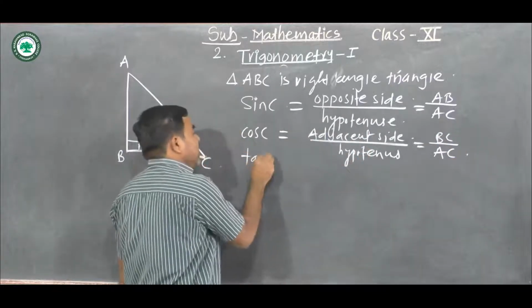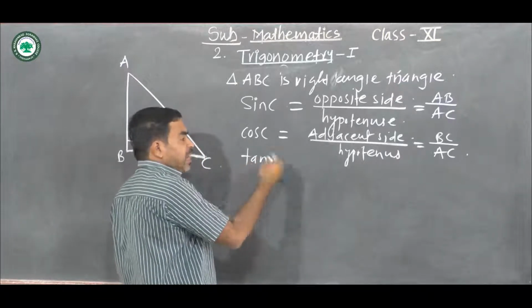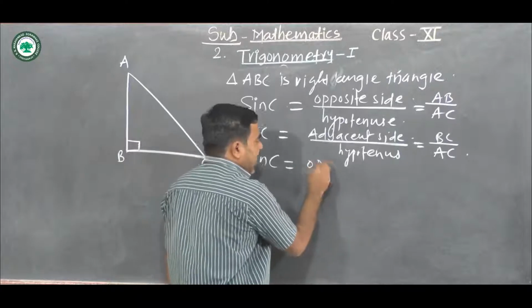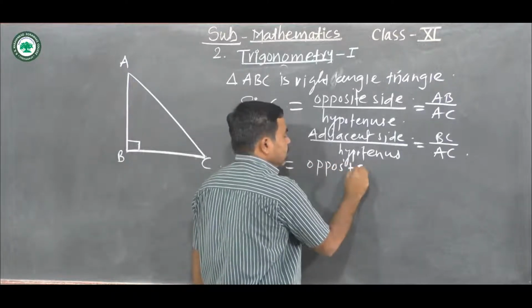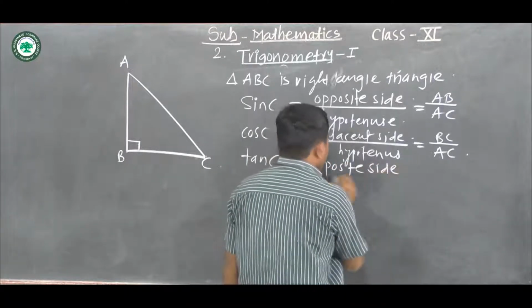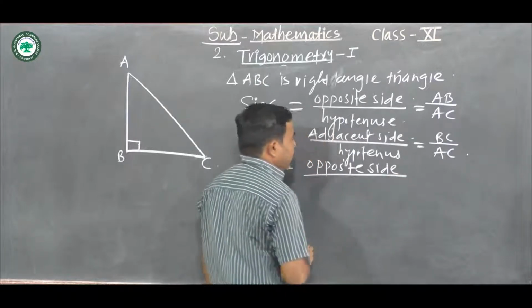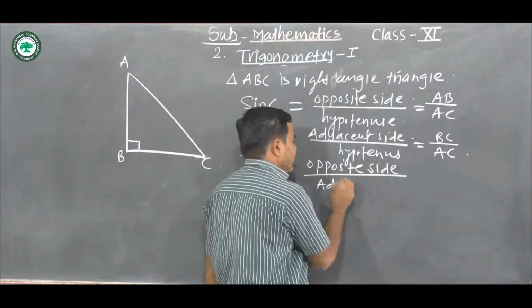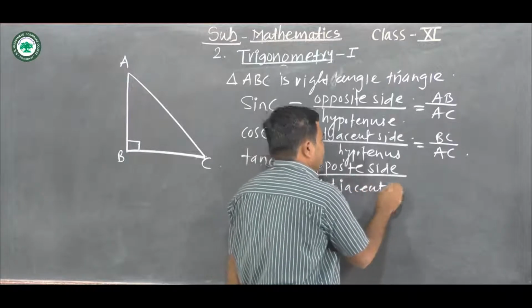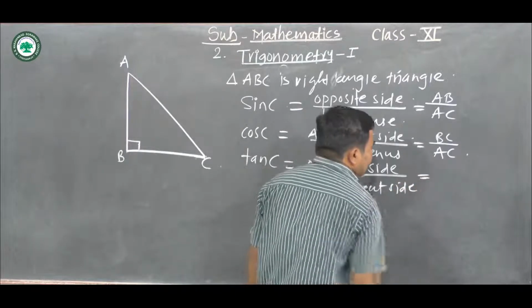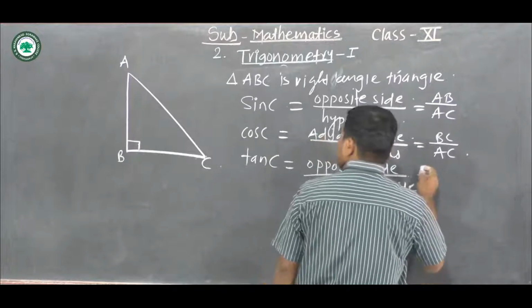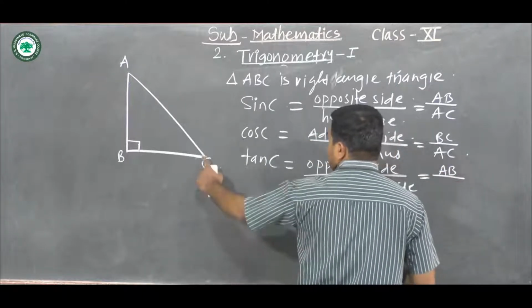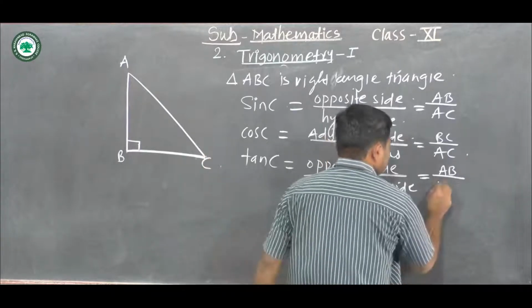Tan of C, tangent of C, is equal to opposite side divided by adjacent side. And it is equal to opposite side AB divided by adjacent side of angle C, which is BC.